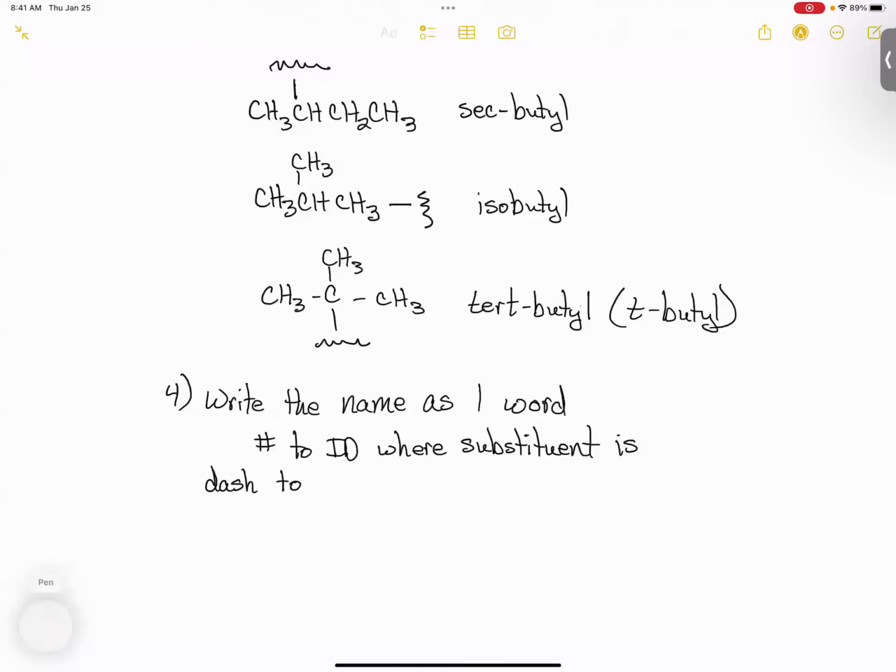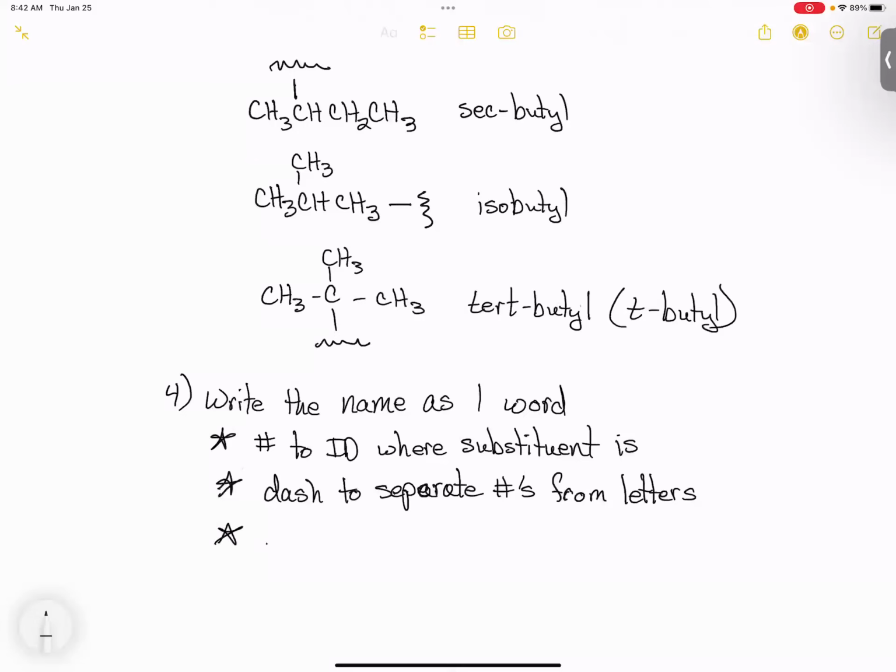I don't want to use that symbol. That made it more confusing. Let's try that. From name, from letters. If you have it, you'll use commas to separate numbers.